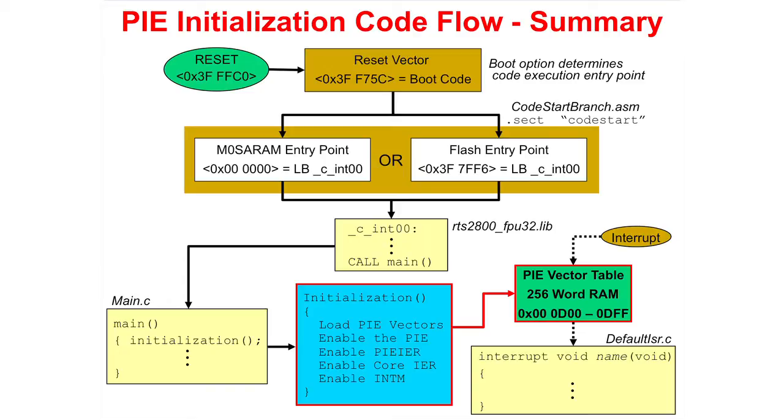After the runtime support library completes execution, it calls main. In main, we have a function call to initialize the interrupt process and enable the PIE block. When an interrupt occurs, the PIE block contains a vector to the interrupt service routine located in DefaultISR.c.